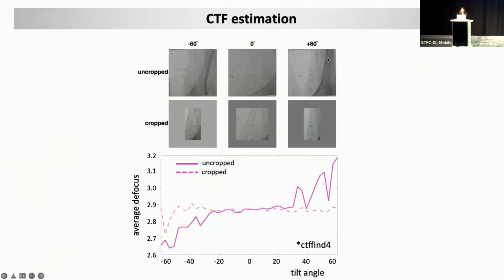That's probably because of carbon edges often coming in and really changing things, so the signal is not consistent. So what we found is that if we apply a mask which is smaller as you tilt, then this mask will only contain the central part of the image, and our defocus estimations are much more accurate. So we have this built inside the Tomo robot software.